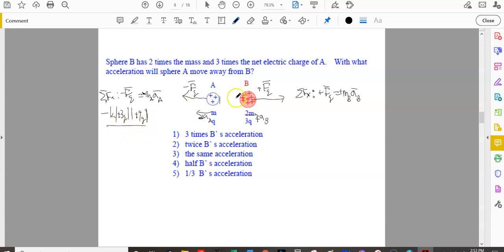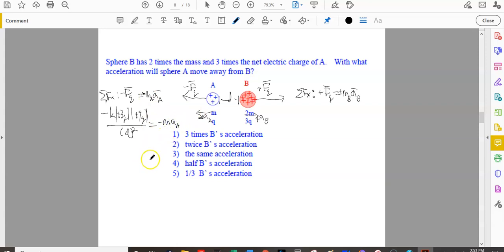I'll just call this distance d apart, so that's d squared, and that's equal to its mass. Mass A is just m, and it's accelerating to the left.